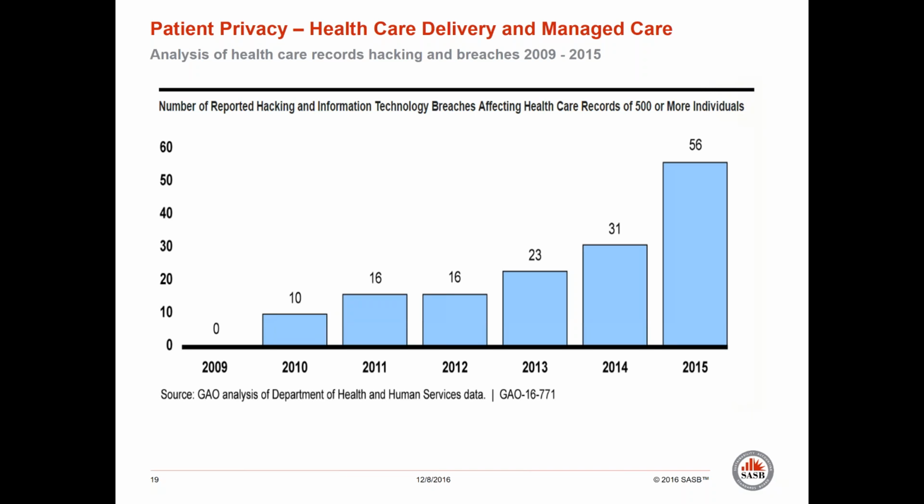This is a growing problem. SASB's identified this issue to be material for both industries, both in terms of potential fines through HIPAA regulations, but also in terms of reputational risk. So this slide kind of articulates the growth of the problem over time and really points to the need for better disclosure so investors can make useful decisions.